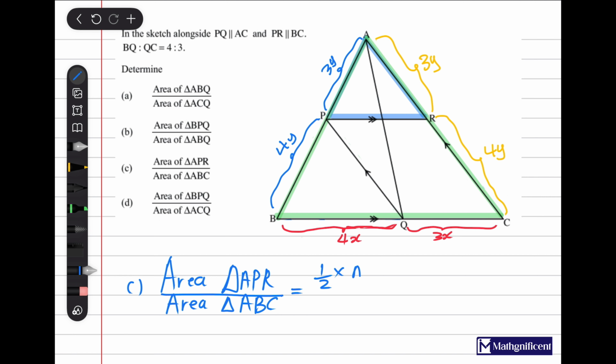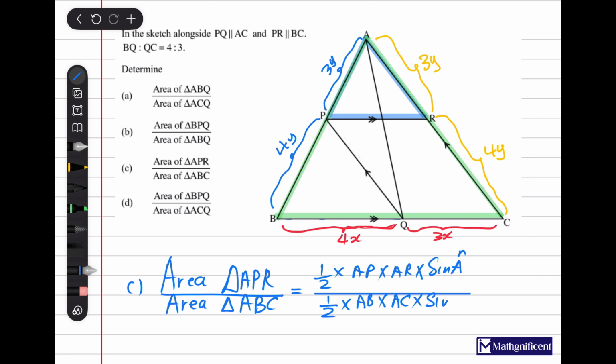They are AP multiplied by AR, multiplied by sine of angle A. So we say all over half multiplied by, now focusing on triangle ABC, what is adjacent to angle A? It's AB. The other adjacent side is AC.